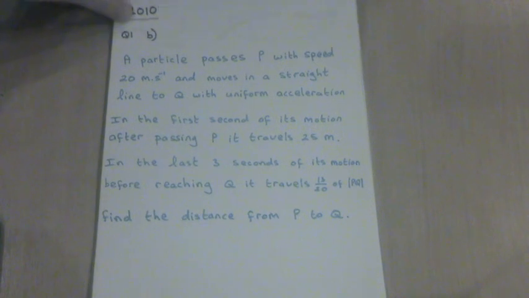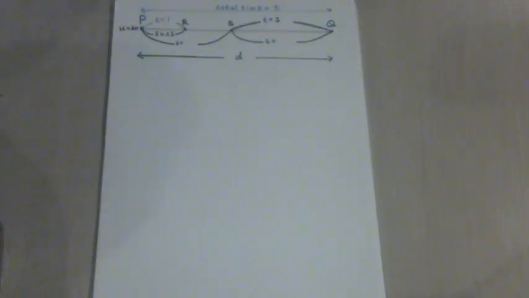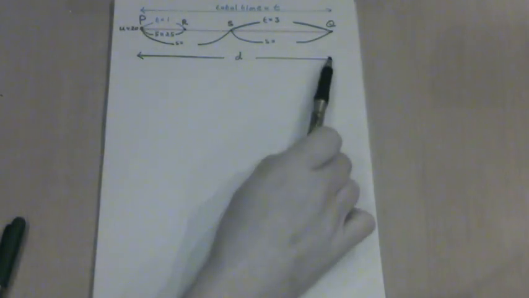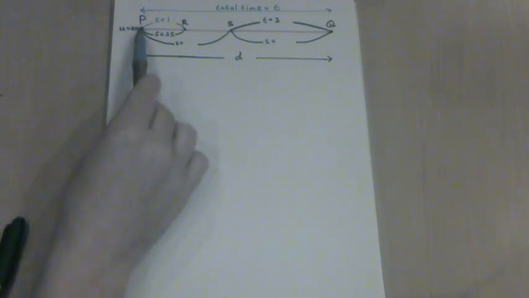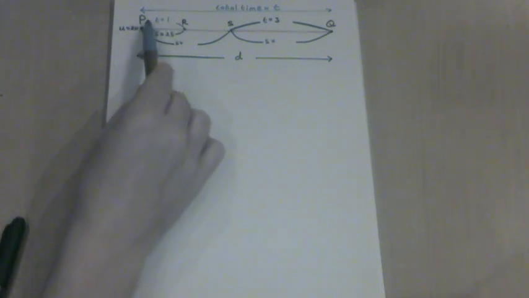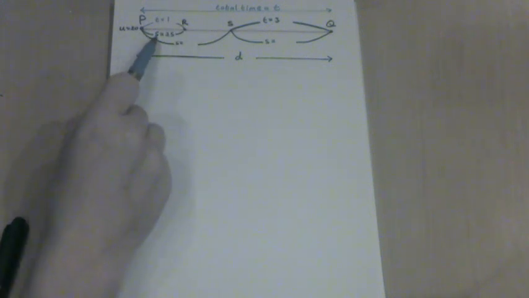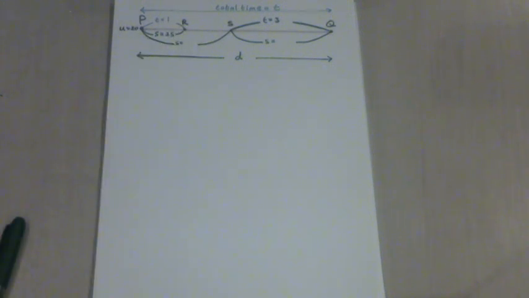So if we represent this information in a diagram, what we're looking to find is the total distance from P to Q, and we let that total distance be D. Now, if we travel from P to some point R, we're told that time is 1 second and the distance travelled was 25 meters.